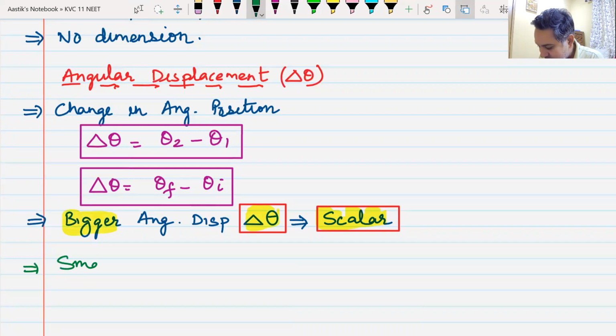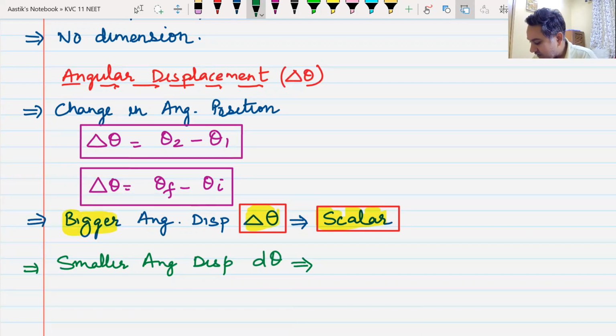Smaller angular displacement, a very small angular displacement, I write it as d theta. Do you remember this d theta? dv, dr, dA, this is d theta, small. This d theta is a vector quantity, so I write it as a vector.